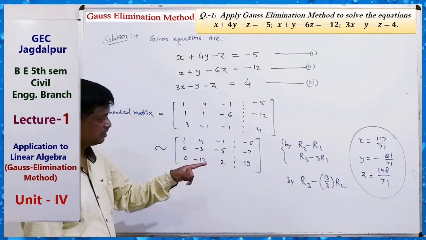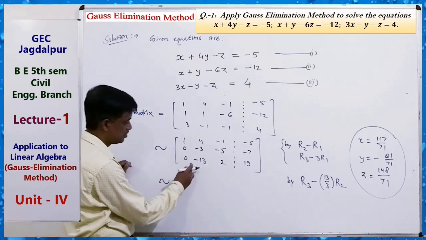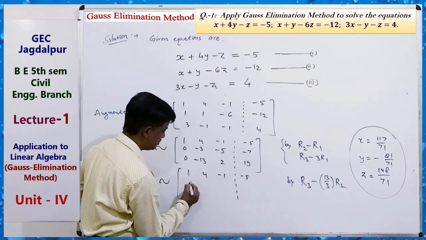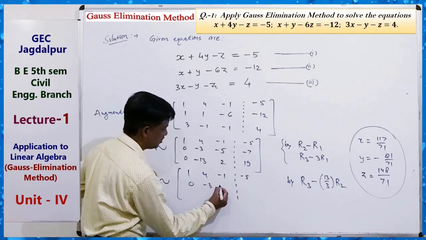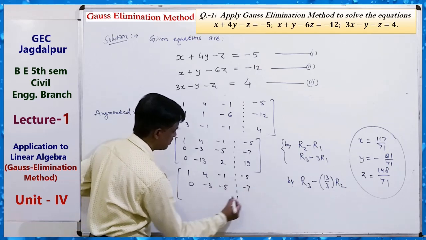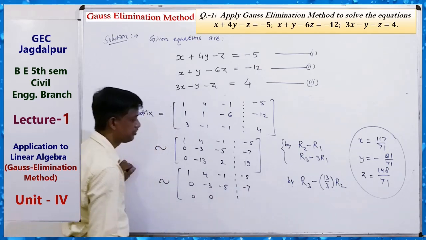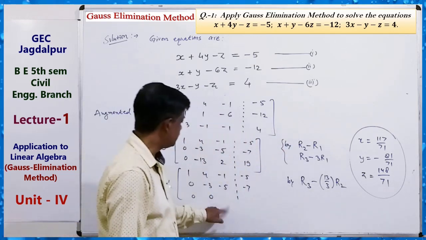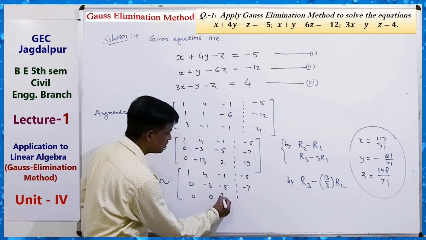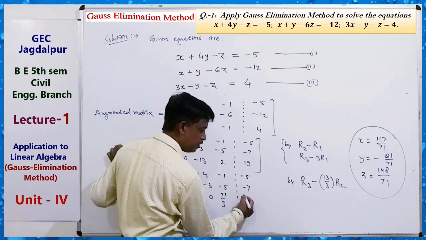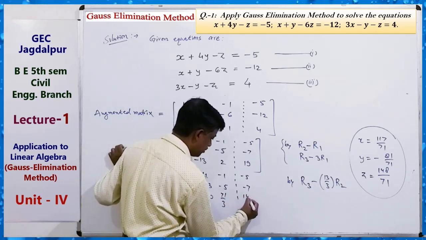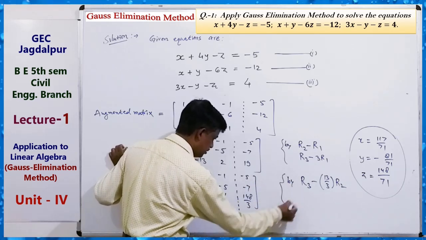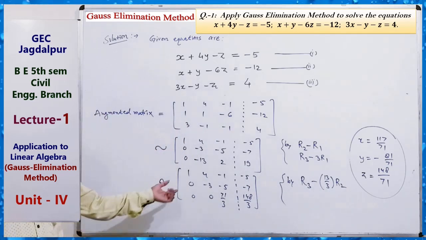So we have 1, 4, minus 1, minus 5; 0, minus 3, minus 5, minus 7; 0, 0, 71 by 3, 148 by 3. By applying this, this is the upper triangular matrix.